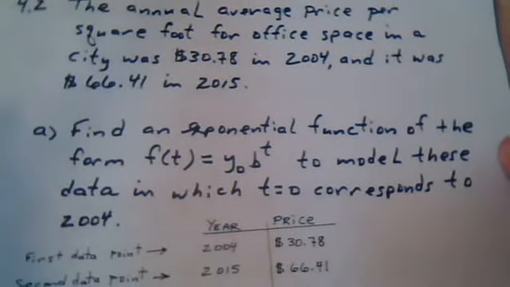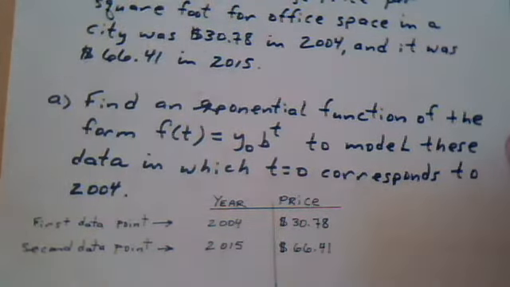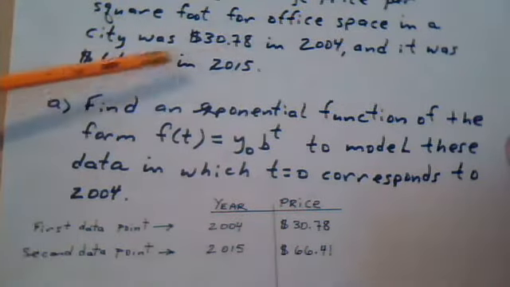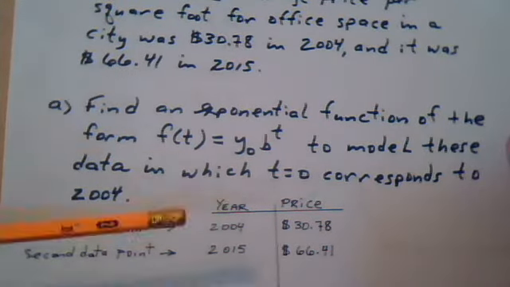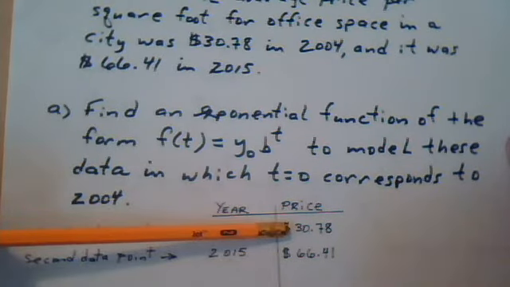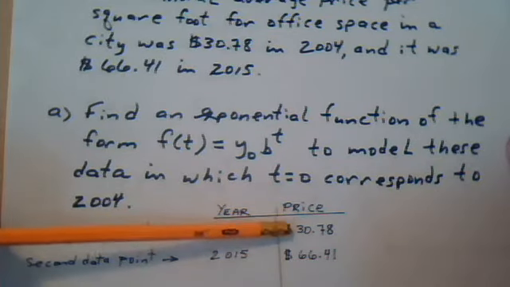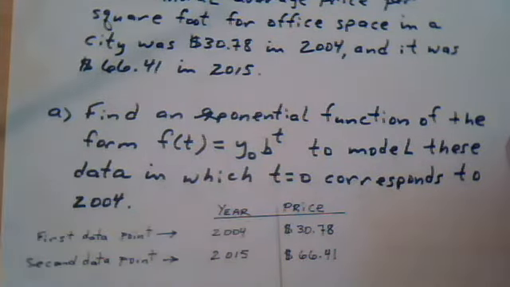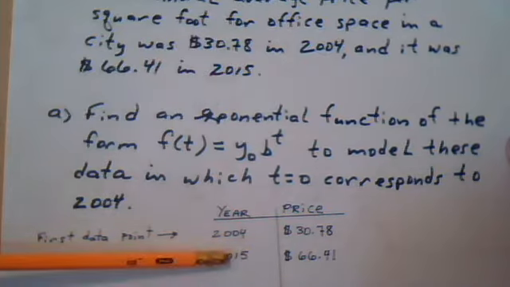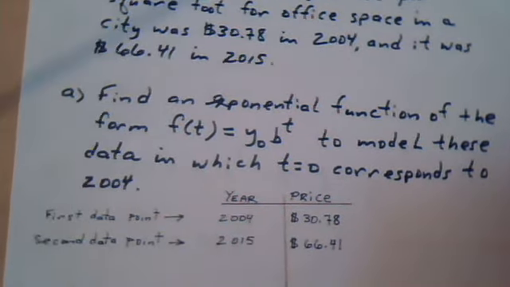That's all it is. Now, if we get the information they gave us here, notice in the year 2004, the average price per square foot for office space was $30.78. In 2015, it was $66.41.